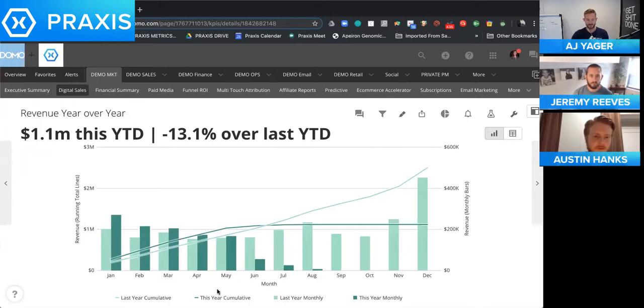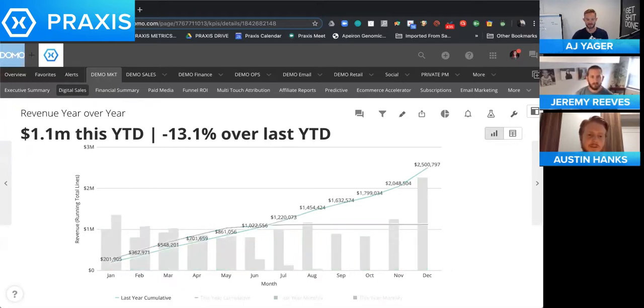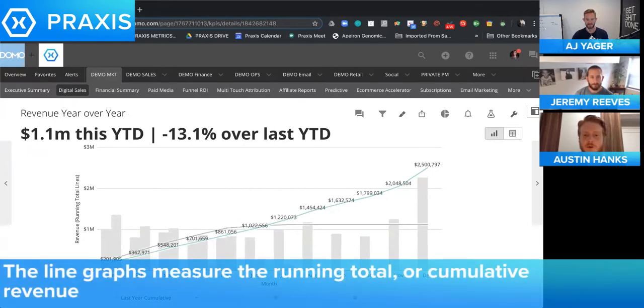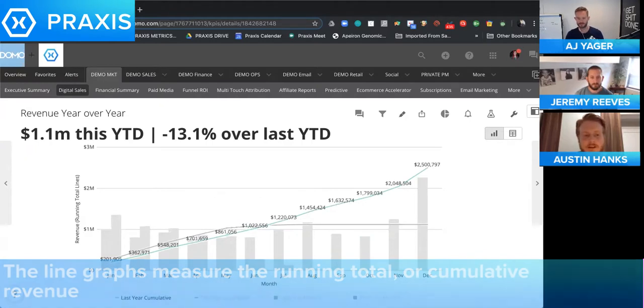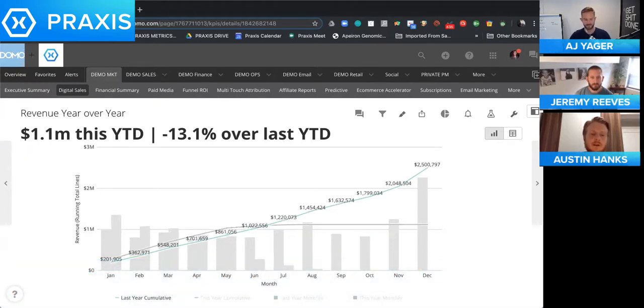I'll just talk through how it's laid out so everybody can feel comfortable reading this graph. We've got two lines, and as you hovered over them, AJ, we saw that these are running total or cumulative lines throughout the represented year. So just adding on each month as you go, so you can see what your total was at year end, aggregating all the months together.